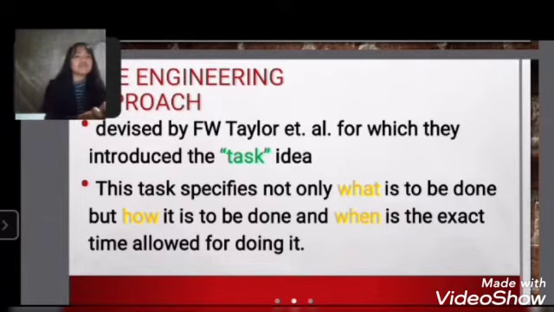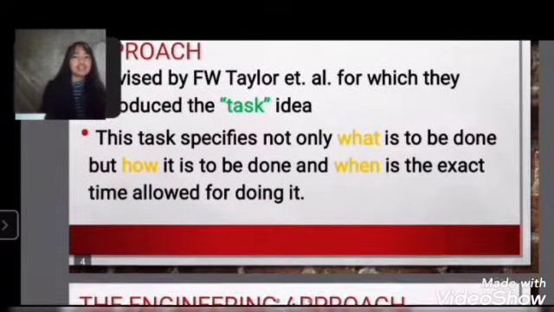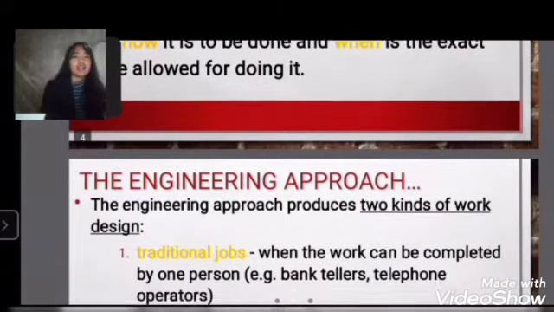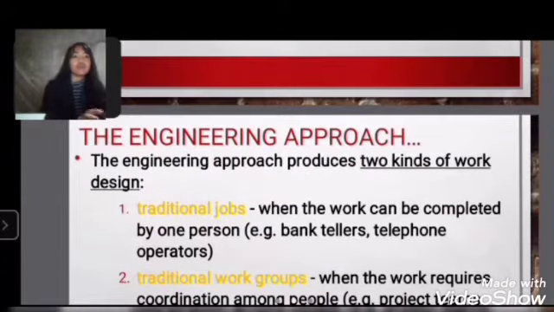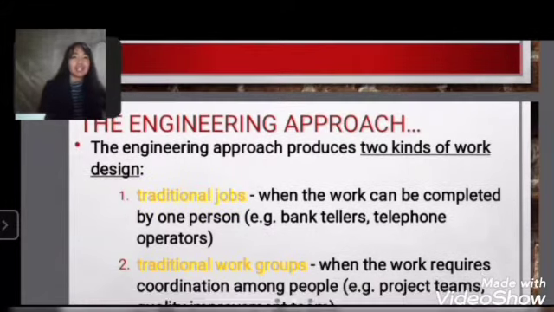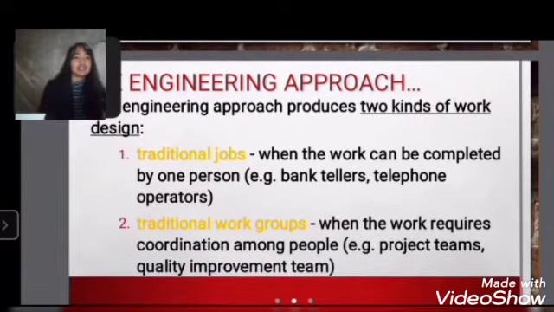In addition, the engineering approach produces two kinds of work design. When the work can be completed by one person, like bank tellers and telephone operators, traditional jobs are created. These jobs are simplified, with routine and repetitive tasks having clear specifications concerning time and motion.